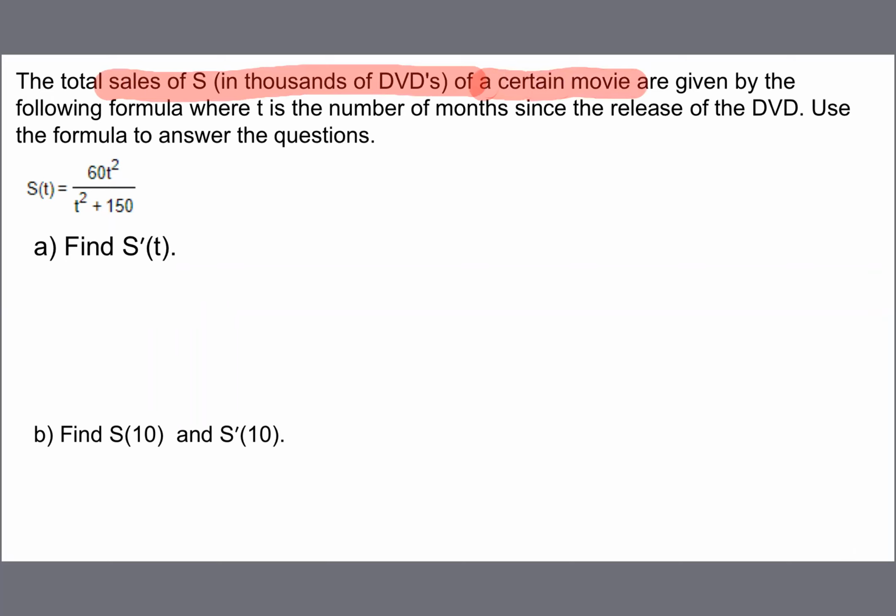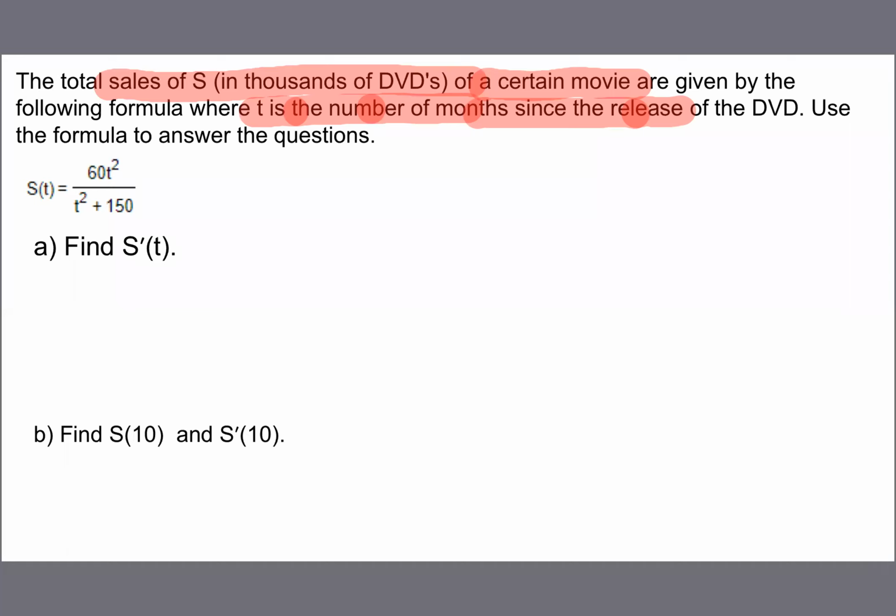So we're selling movies and we're finding that the total sales in number of DVDs are given by the following formula, where T is the number of months since the release. Use the formula to answer the questions.